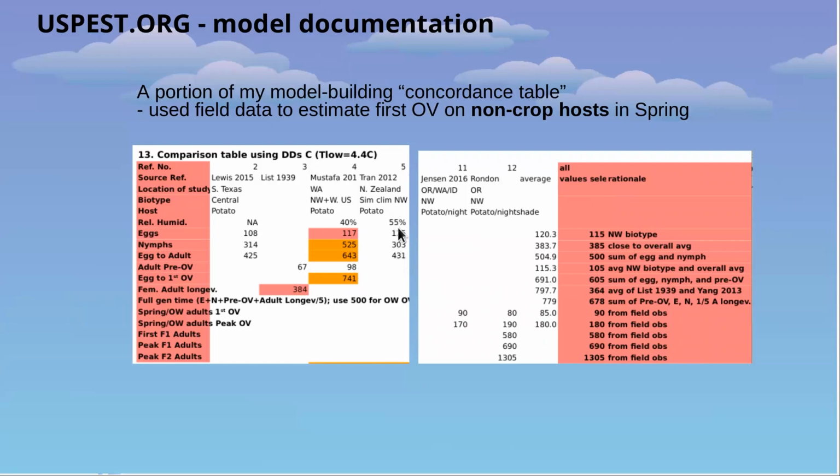So that study seems to be a lot closer to what we ended up with as our final values. So yeah, and I cut out the center because there's just too much data to go through. But that's kind of how I do the process of modeling. I try to get a concordance of all the inputs and come up with either an average or a weighted average, or I discount studies because they don't pertain to what our needs are.